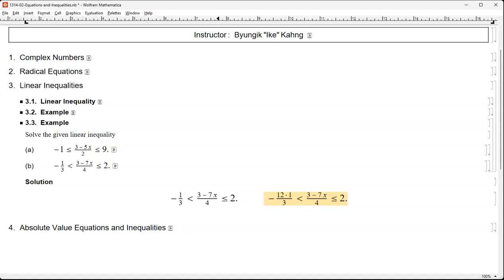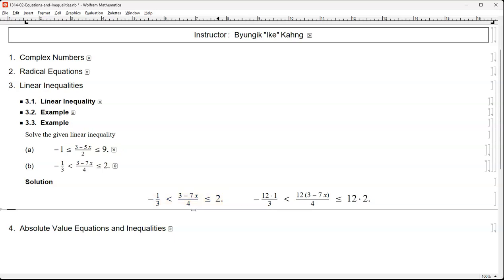12 times that, 12 times this, and 12 times that. Putting some space in between would have helped. Okay, alright, let's go ahead with the simplification.